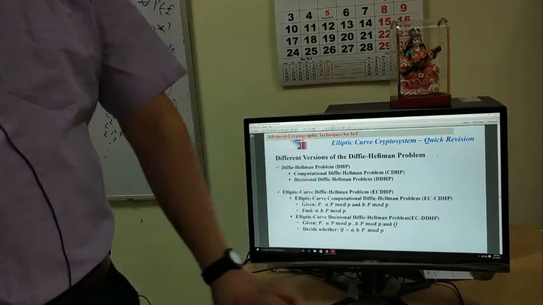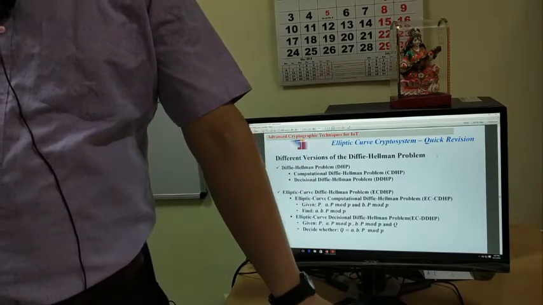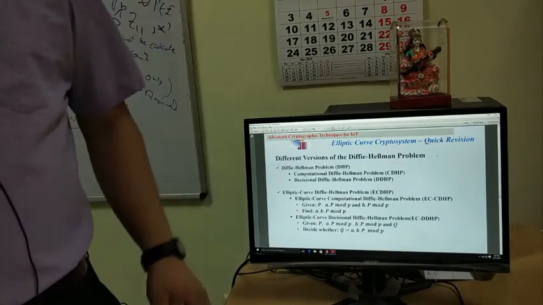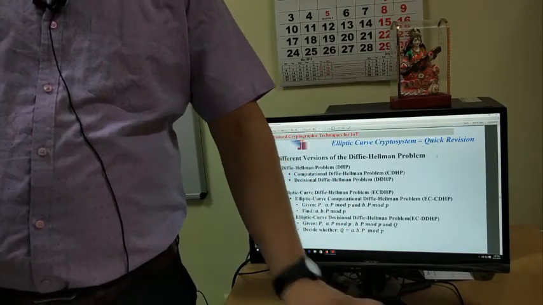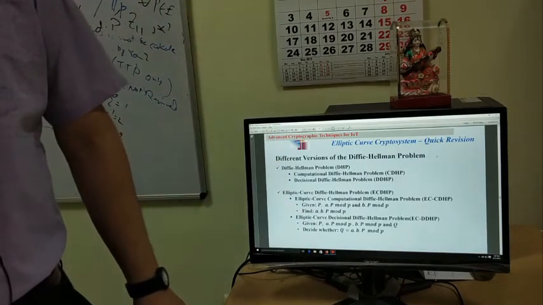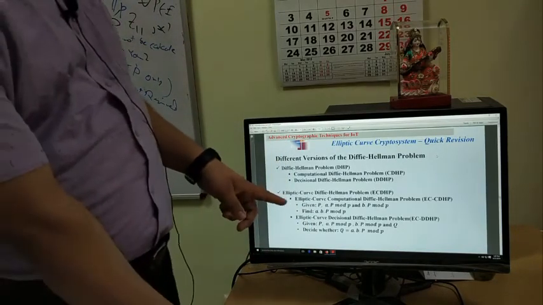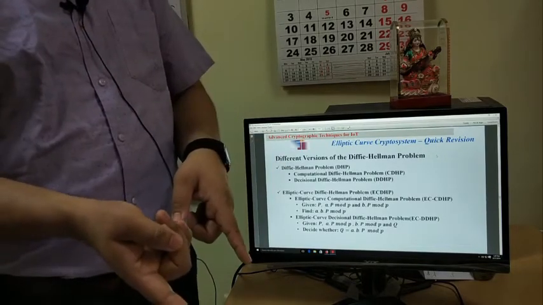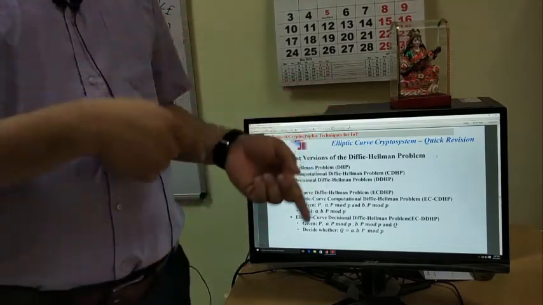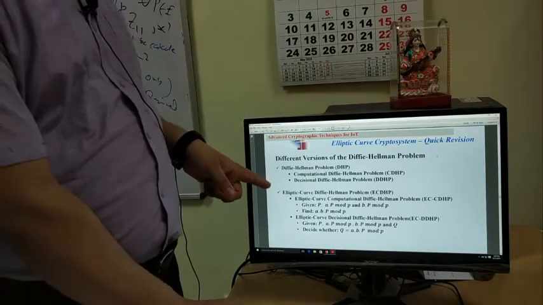You have to decide whether this is correct G power alpha beta or not. Or in elliptic curve domain, you have to decide whether this is ABP or not, the correct value of ABP or not. So see, this is the decisional version, the decisional Diffie-Hellman problem, or elliptic curve decisional Diffie-Hellman problem.